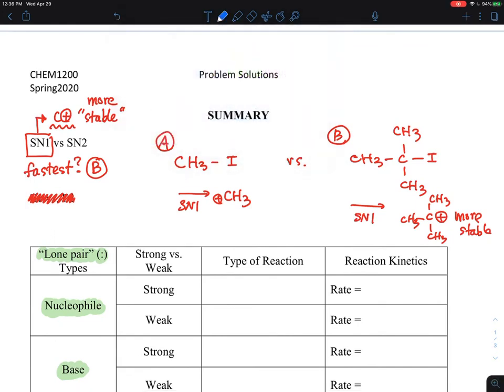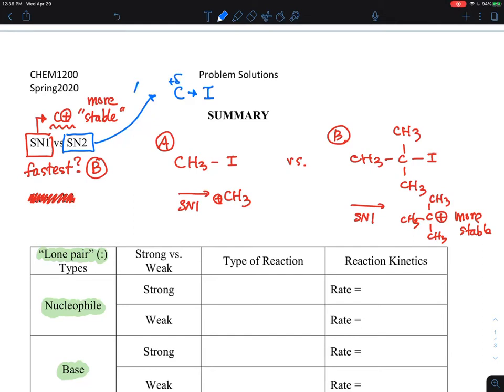So let me switch gears. What about the second one, the blue problem? Let me concentrate on SN2. In SN2, we are talking about carbon, and let's say iodine is the leaving group, and it is electronegative here, so the carbon is a little bit positive.